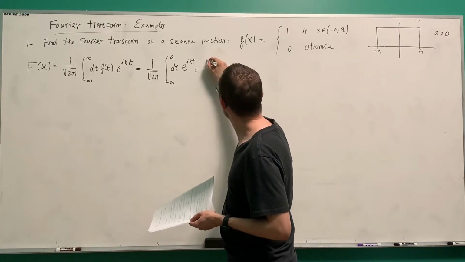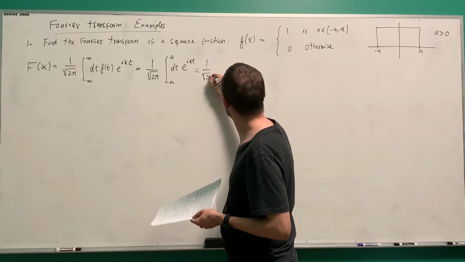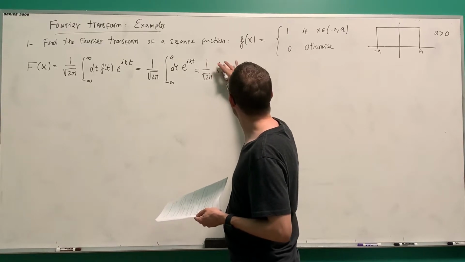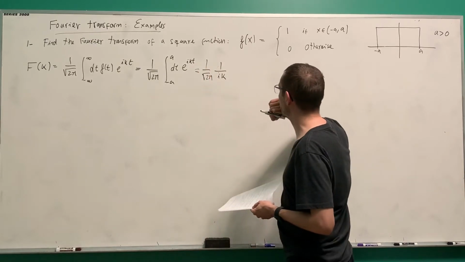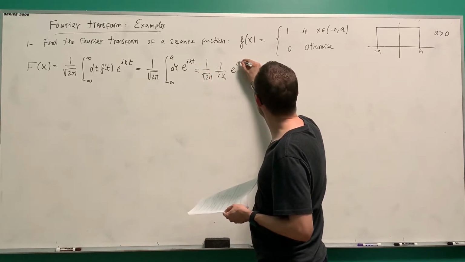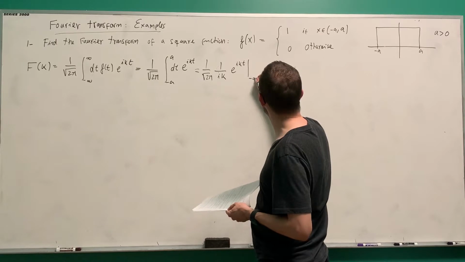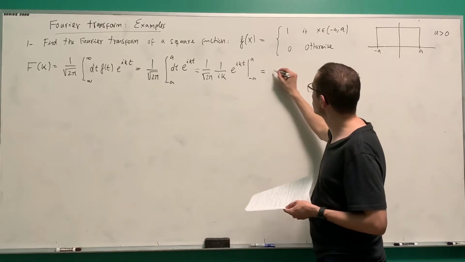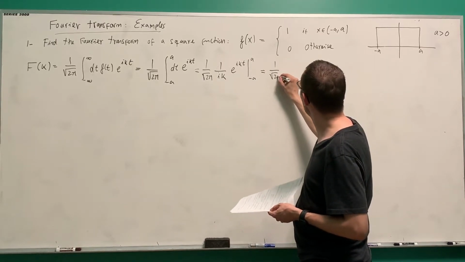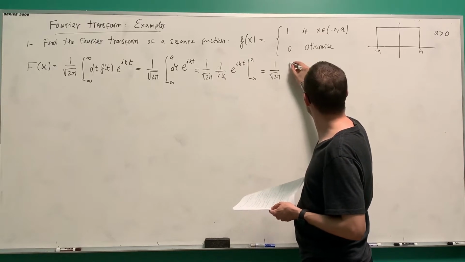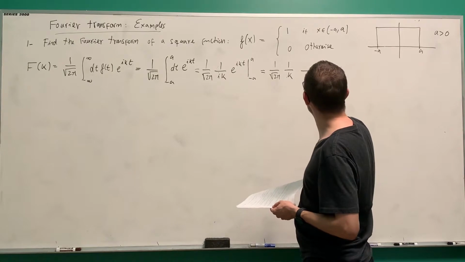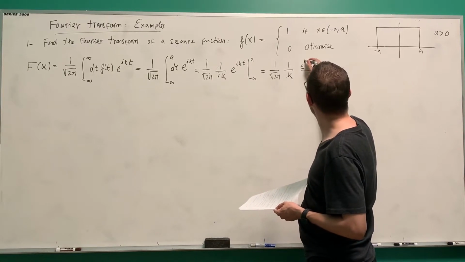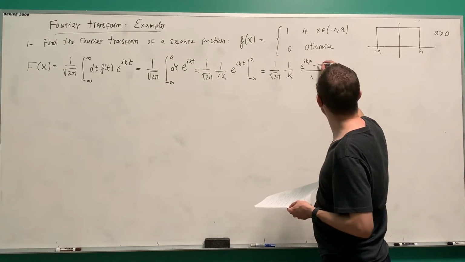The result is 1 over root 2 pi, then 1 over ik, which comes from integrating the exponential ikt from minus a to a. Let me have 1 over k here, and then put the i in here, e to the ika minus e to the minus ika.